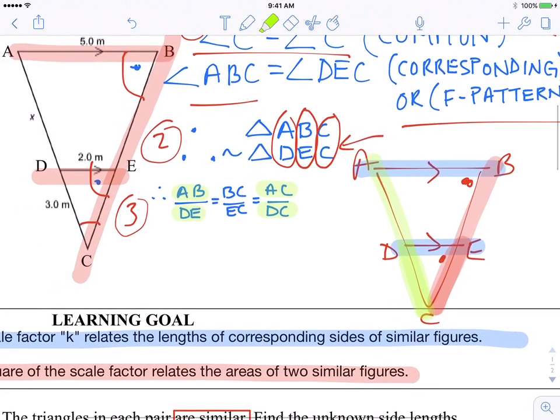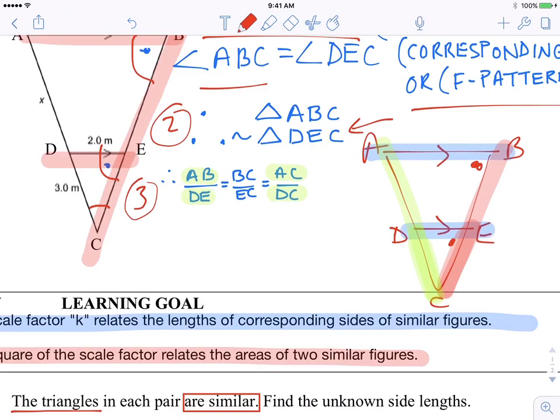So that's why we've done that, and it takes the guesswork out of it later. If you line up the triangles properly in step number 2, then step number 3 is a joke. All you're doing is writing AB over DE, and that's what I have here. Then BC over EC, and that's what I have here. And then AC over DC, and that's what we have here. So writing that in proper order allows you to do that very quickly.